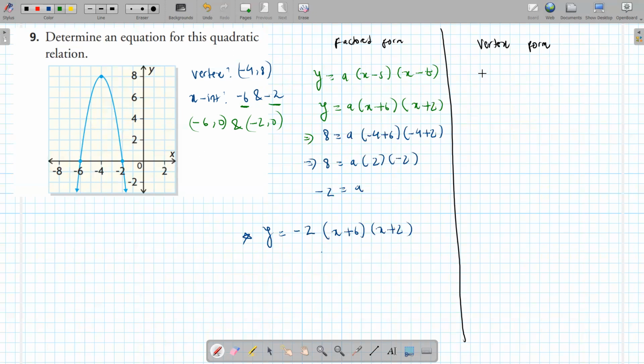So the general form of a quadratic in vertex form is this: a, x minus h, squared, plus k. Plug h and k as -4 and +8 into this equation. What does it become?